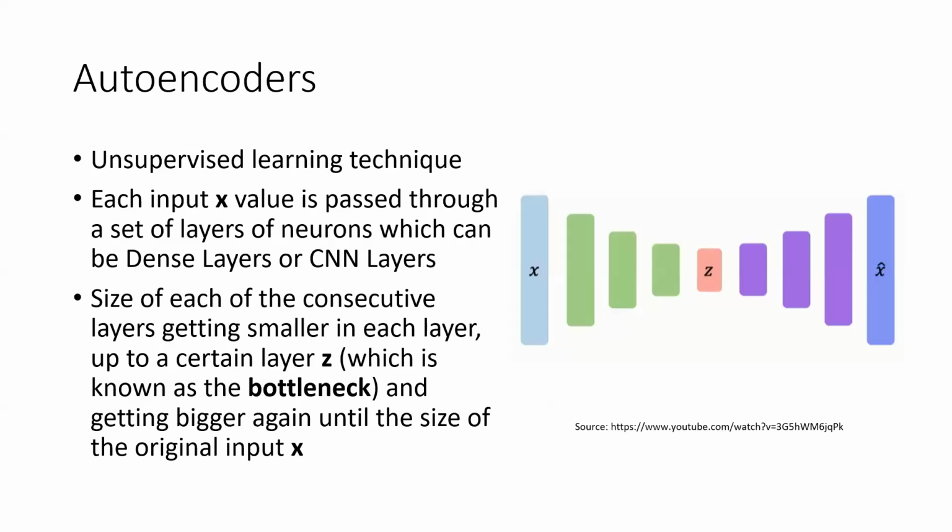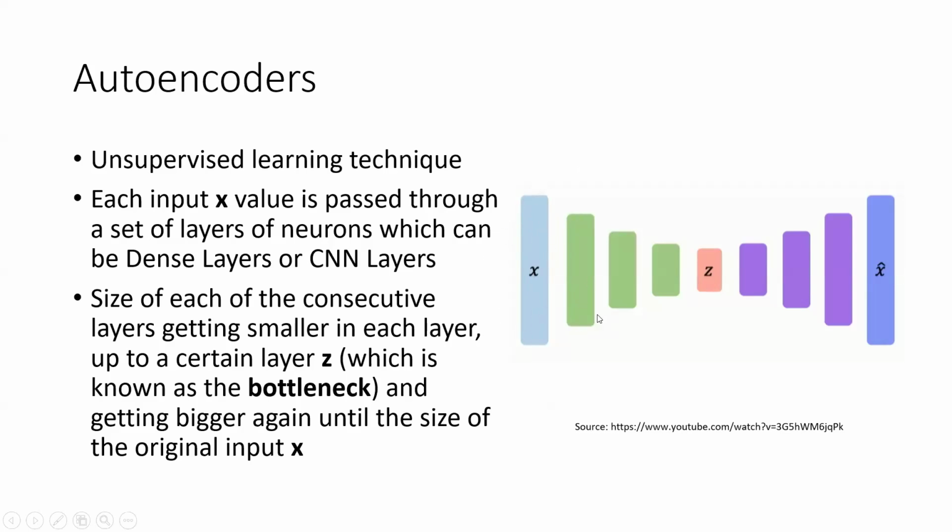This is how the autoencoders make predictions. As we discussed earlier, these autoencoders are unsupervised learning algorithms. For example, you can give an image as the x value, the pixel values of an image as an x value.